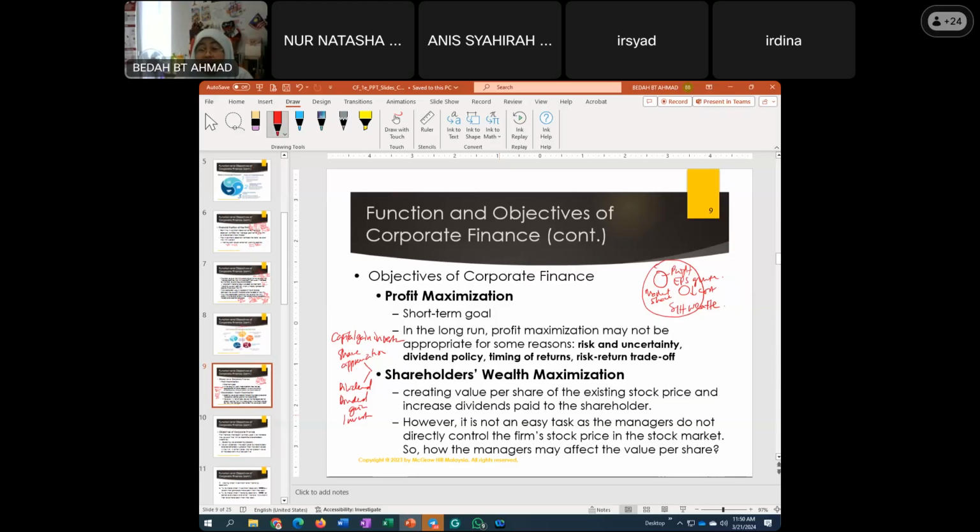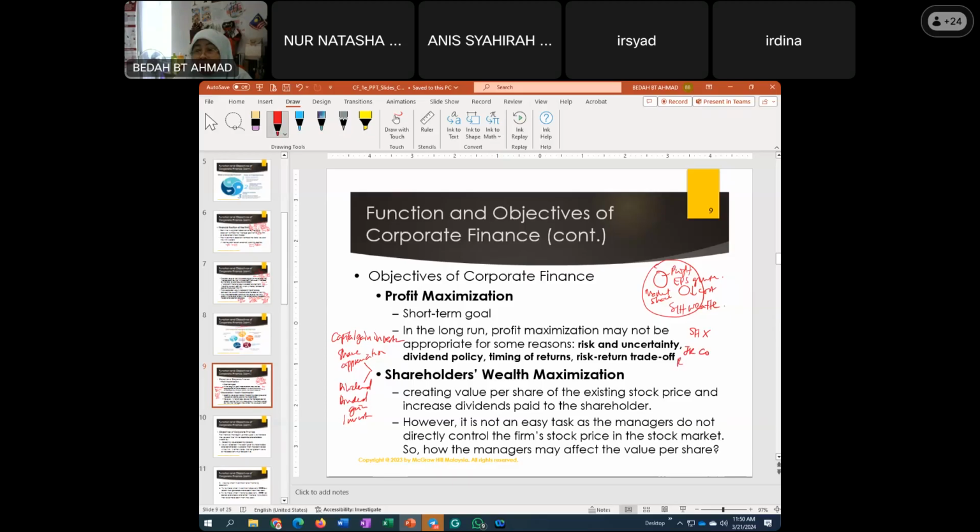So when the share price is higher than what they bought the shares at, when they compare the shares that they buy and the shares that they sell, they get a capital gain, and we consider that the firm is creating value or able to maximize the shareholders' wealth. For example, shareholder X buys stocks in JK company.